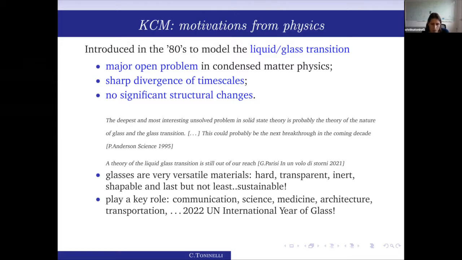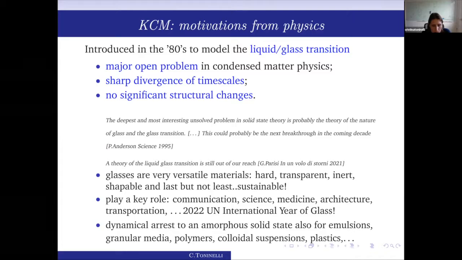Just think of optic fibers. And some people are claiming that now it's time for the age of glass. So 2022 is a year in which there are many conferences, art, architecture, etc., for this value of glass.